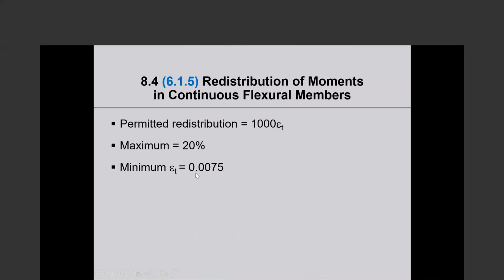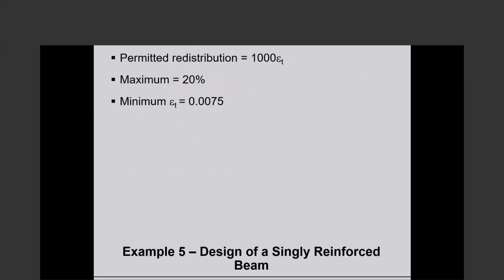Moment redistribution starts at an epsilon sub t of 0.0075. Below that, you cannot take any moment redistribution. So we start at 7.5% moment redistribution. The maximum we can take is 20%. This is now irrespective of whether you are dealing with reinforced or pre-stressed concrete beams.